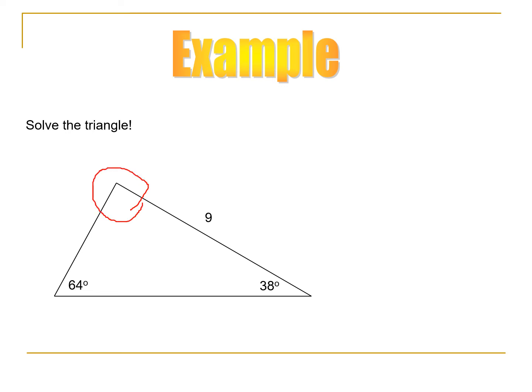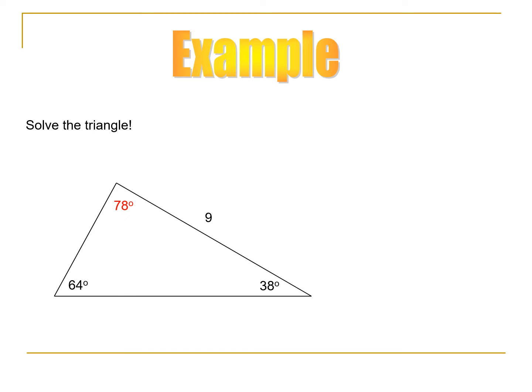In the triangle sum theorem, all three angles inside a triangle have to add up to 180. Doing a little bit of math, you should get the missing angle to be 78 degrees.